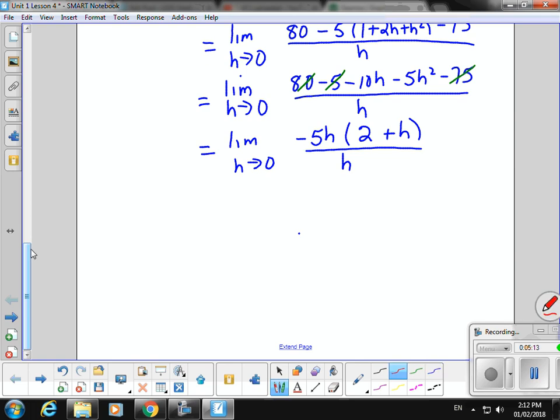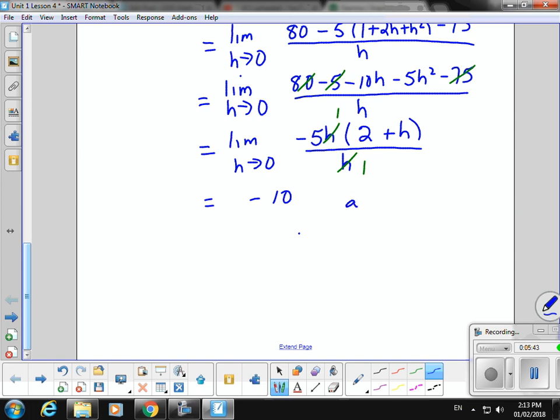Cool. I see an h in the numerator and an h in the denominator. I can cross those out, and away goes my 0 over 0 problem. So right now, I can put a 0 in for h, and I don't have to write the limit as h approaches 0 again, because I've taken the limit as h approaches 0. So I am left with negative 10 as my instantaneous rate of change when t equals 1.